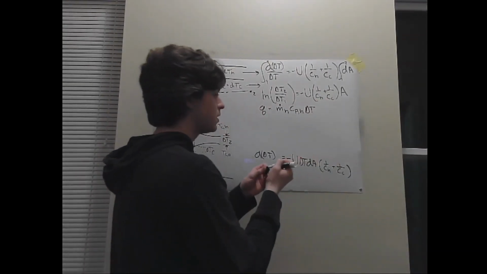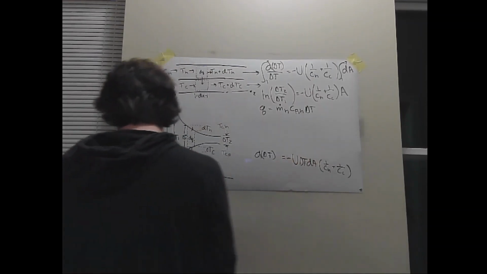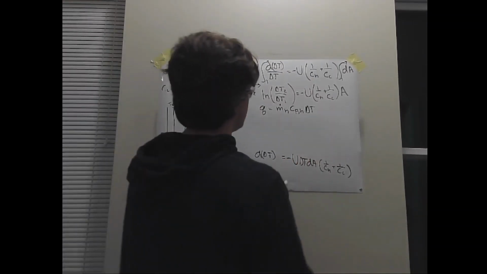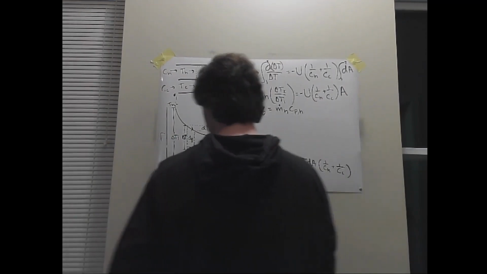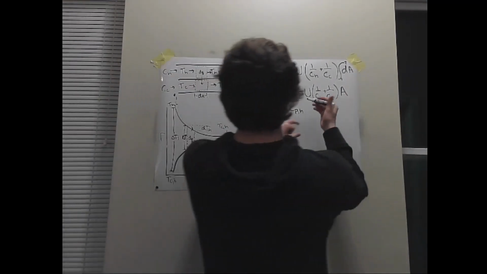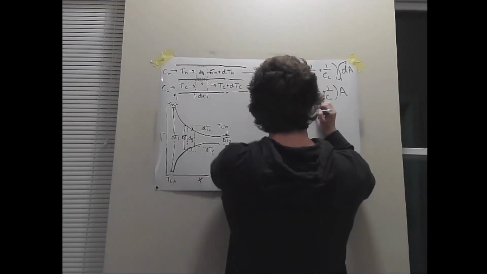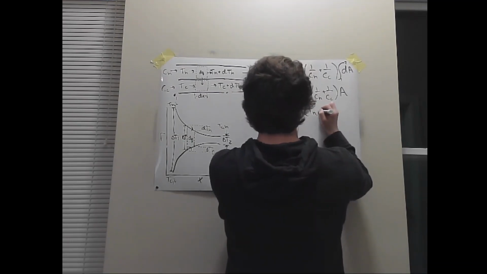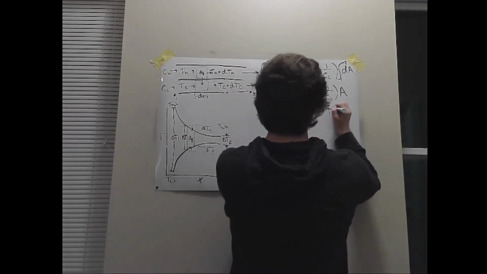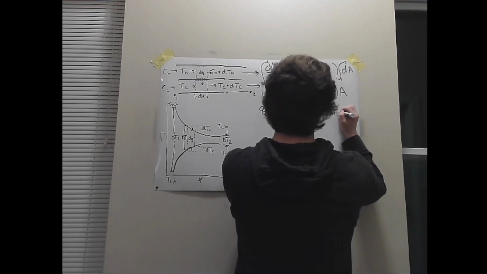In this case, we can rewrite the change in temperature as the difference between the temperature of the hot stream at the inlet point minus the temperature of the hot stream at the outlet point.